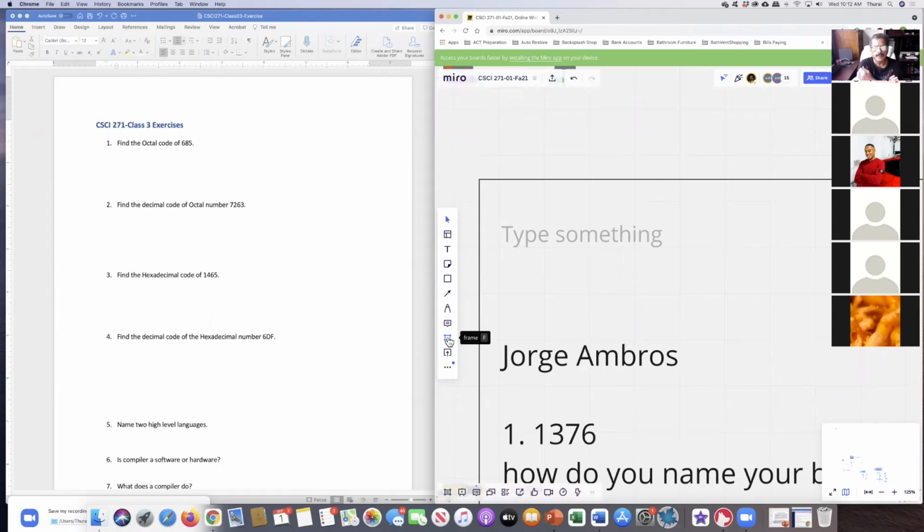The frame will be a space separated for you, but if you just draw a rectangle, that's not a space separated for you. So create the frame by using this frame button. Then there will be a name for the frame. You change the name by double clicking on the name and retyping your name there.